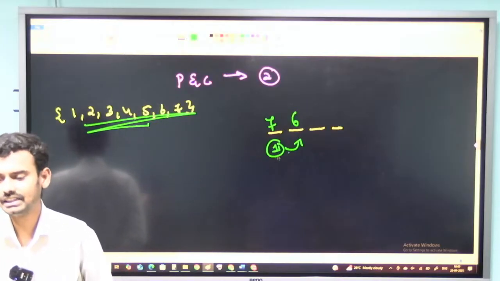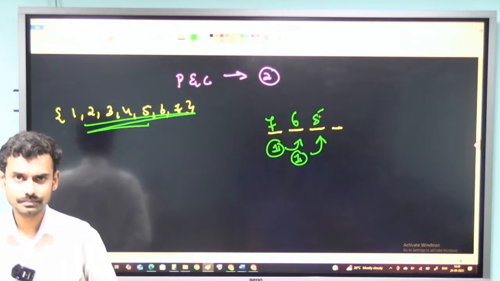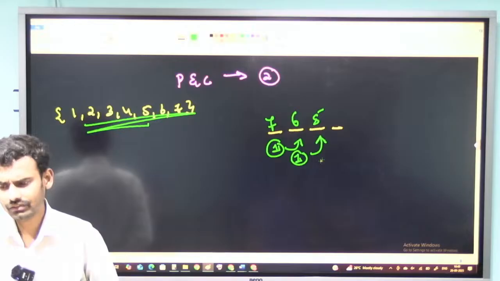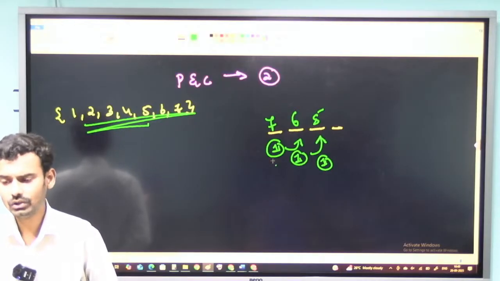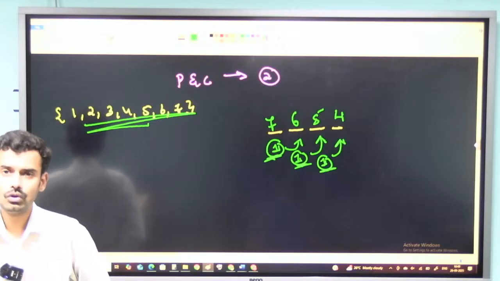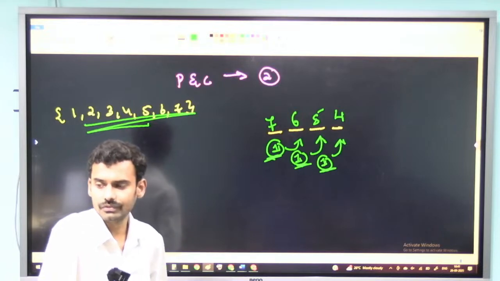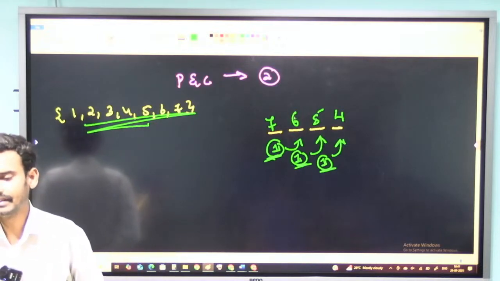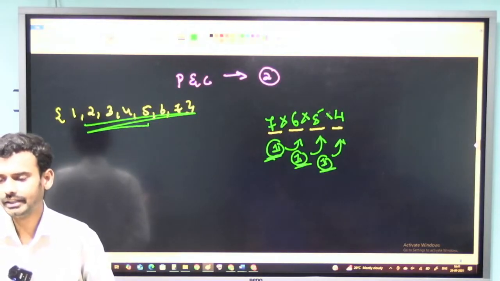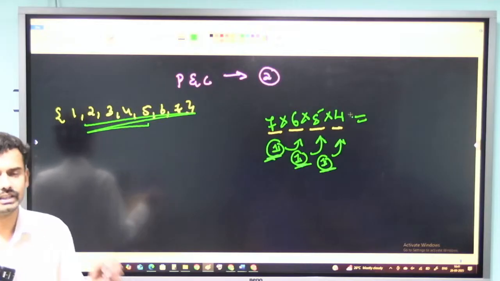Then I have used 1 digit here and 1 digit here, so for the third place I will have only 5 digits left. Coming to the next one, I have used 1 digit in each of the three places, so 4 more digits will be available for the last place. So the final answer will be just 7 into 6 into 5 into 4. If you multiply, you will get the answer. This is how we need to deal with it.